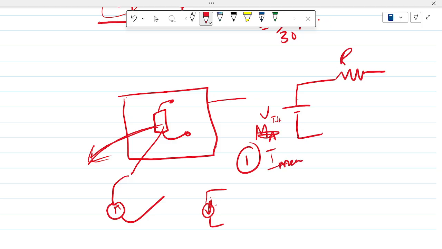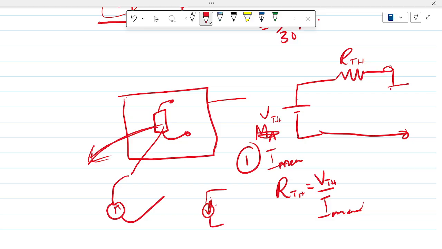Then the Thevenin resistance can be calculated easily: RTH is equal to VTH over I measured. Then you can put your bulb or your resistor here and solve for the current easily using Ohm's law.